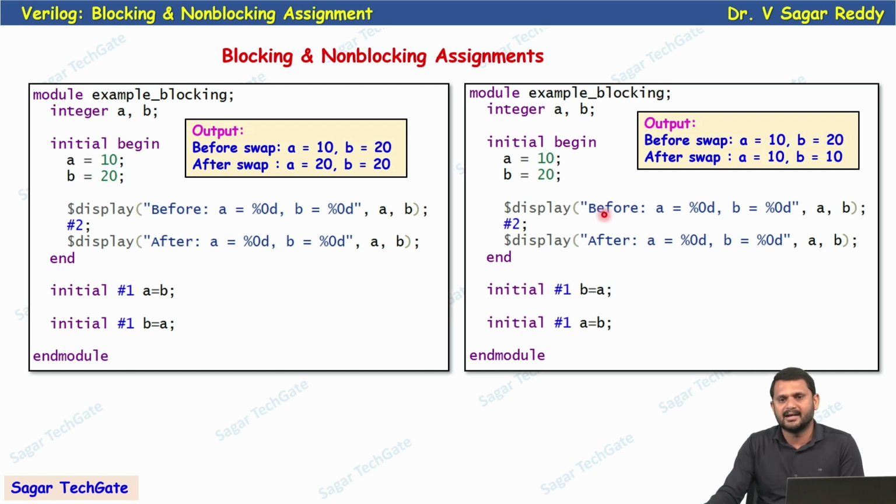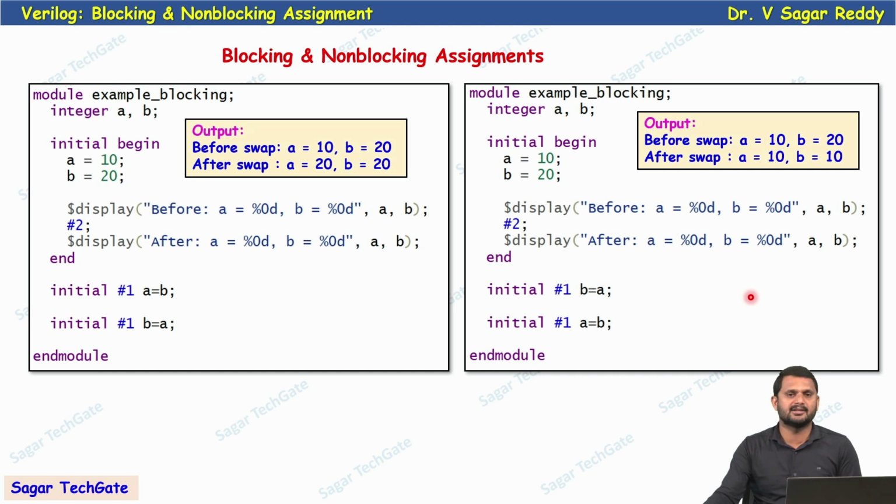Then display these 2 values A and B. So I need to wait 2 time units. By that time, this initial block will trigger because 1 time unit delay is completed. Now B equal to A. What is the A value? A is 10. Now B equal to 10. After that, we'll execute this. What is the B value now? 10. Now assign to A. Now A and B both are 10. So after 2 time units of delay, if we display A and B values, both are 10.